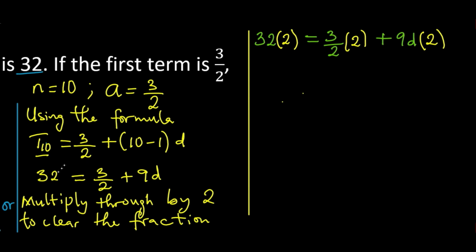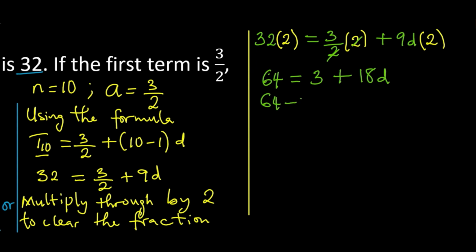So we have 64, now 32 times 2. You have 64 equals to 3 plus 18D.